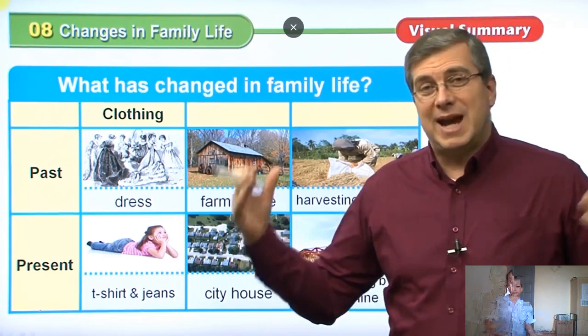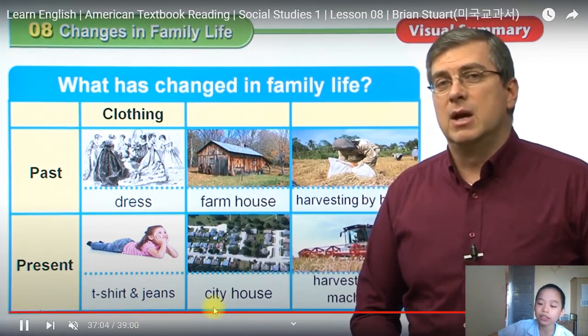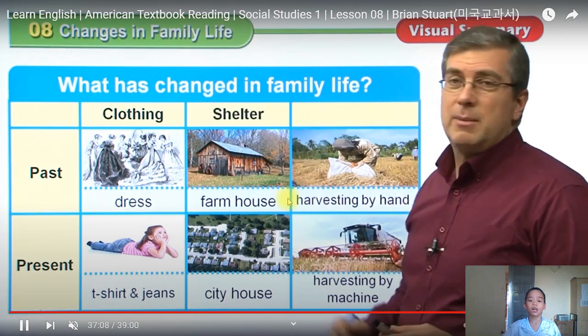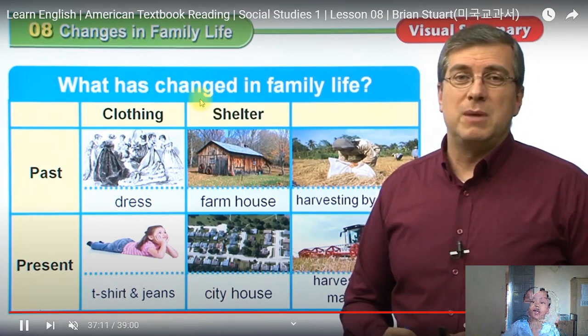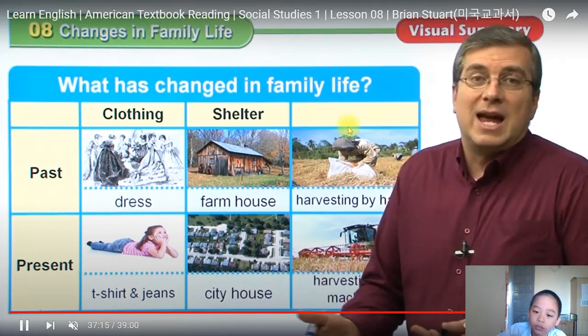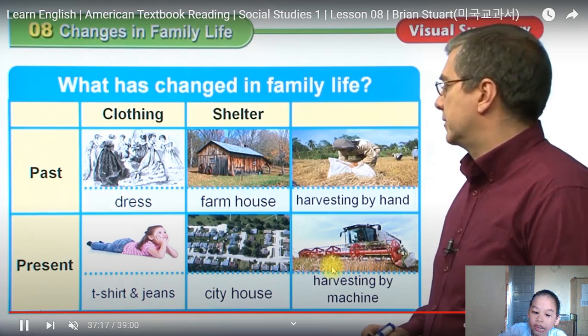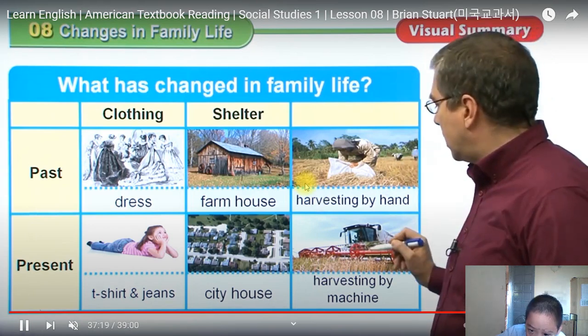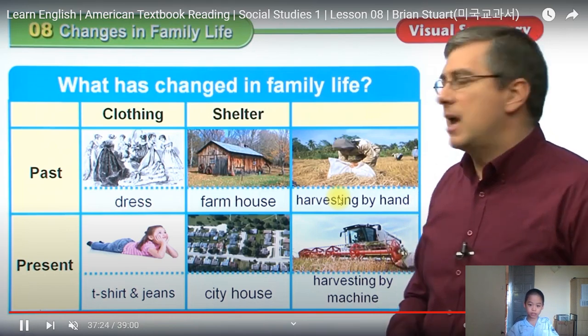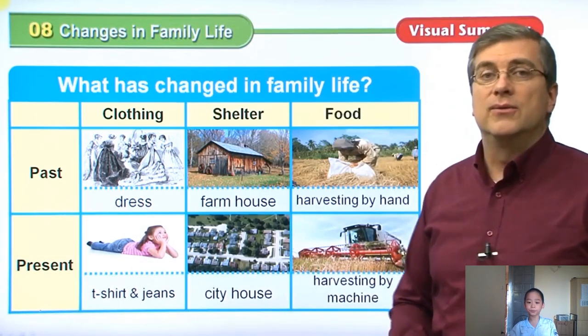Then we have farmhouse and city house. The type of house is a type of shelter. So that is the next one. Then we have the word harvesting. That is food.